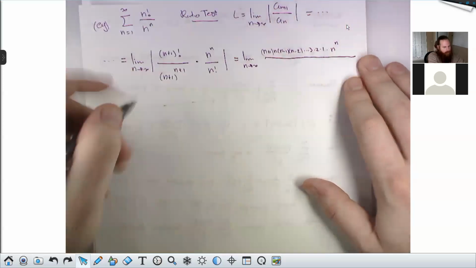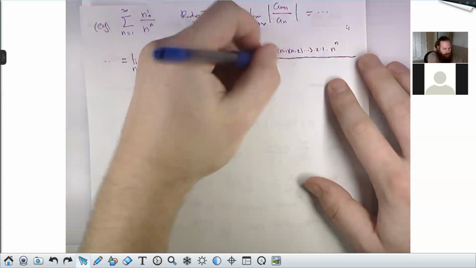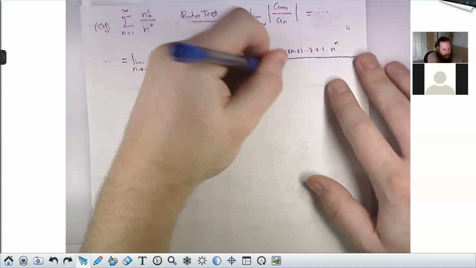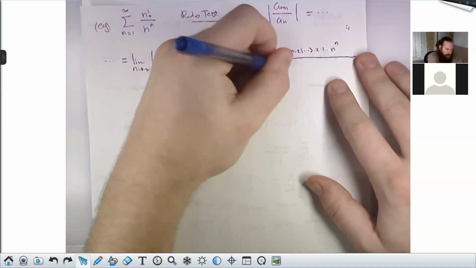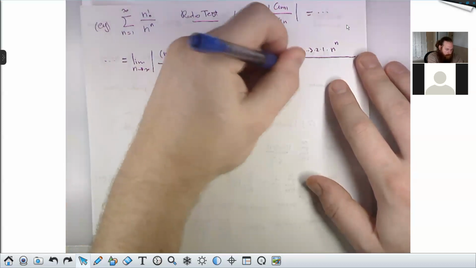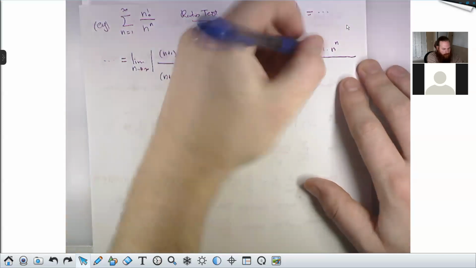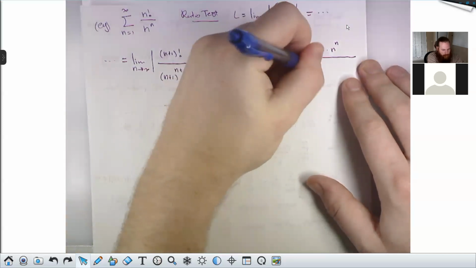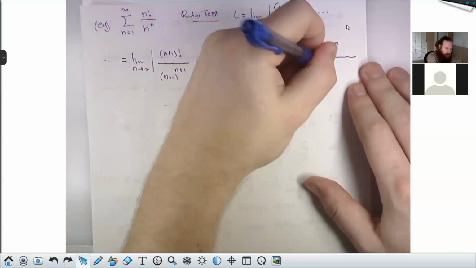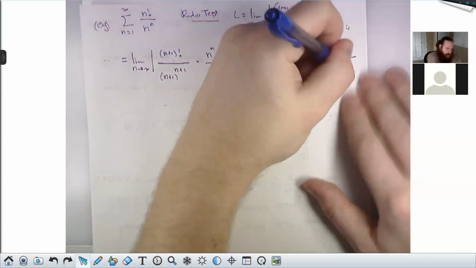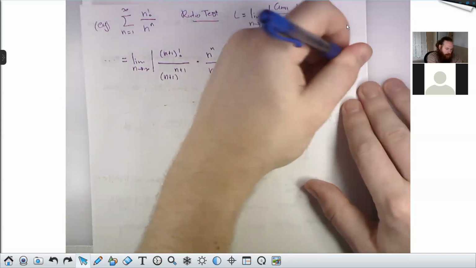And then downstairs, I have (n+1) to the n+1. That's (n+1) to the n times (n+1) to the 1. And then n factorial is n times (n-1) times (n-2), all the way down to 3 times 2 times 1.